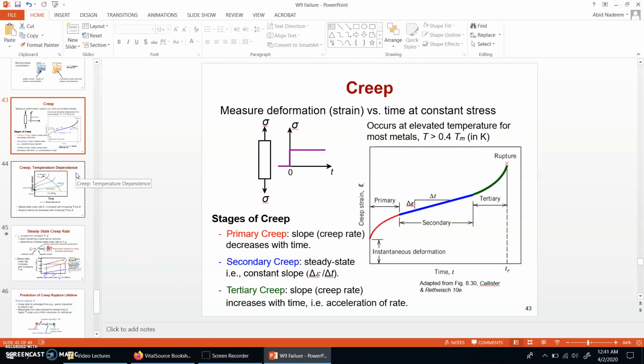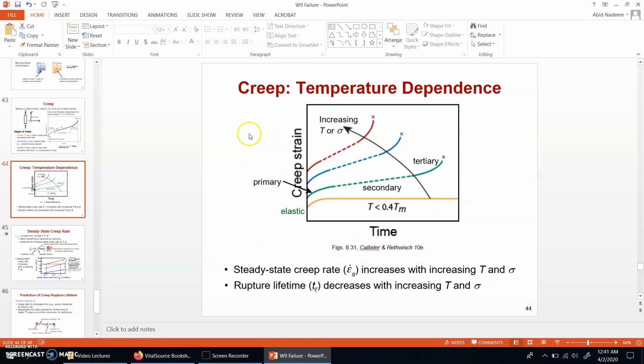The creep depends on the temperature, and especially 0.4 times the melting temperature is considered as a starting limit for the temperature.